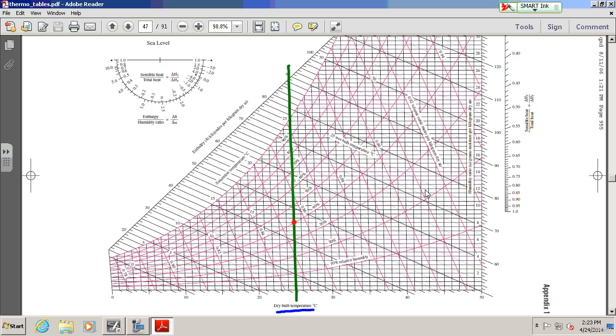Now, another thing I encourage you to do is draw also a horizontal line that goes through that red point. So I'm going to try my best to do that. A horizontal line that goes through that same point. Let's see here, something like this.